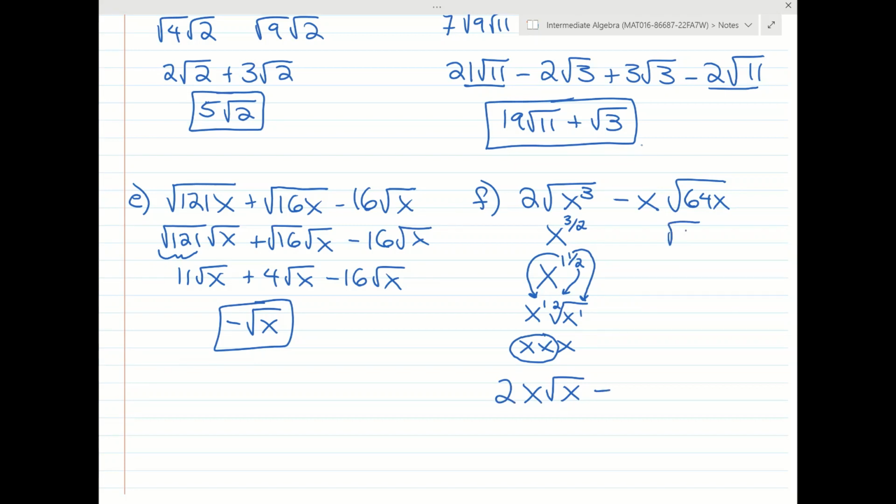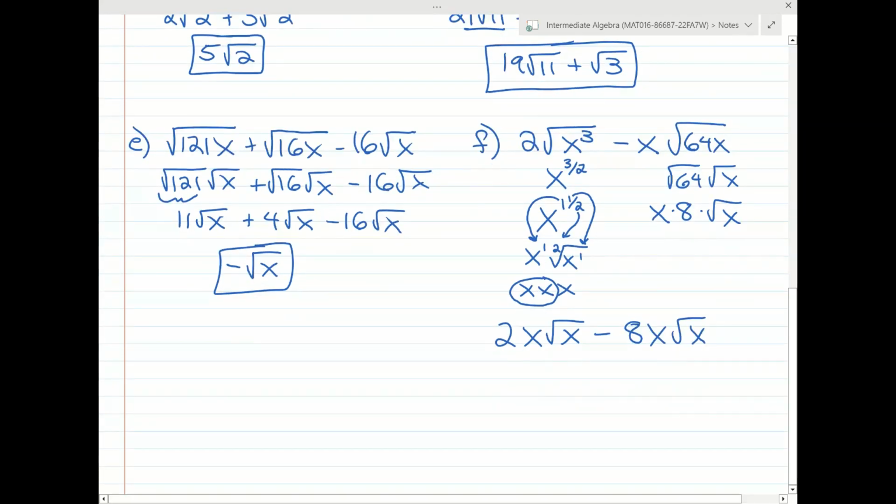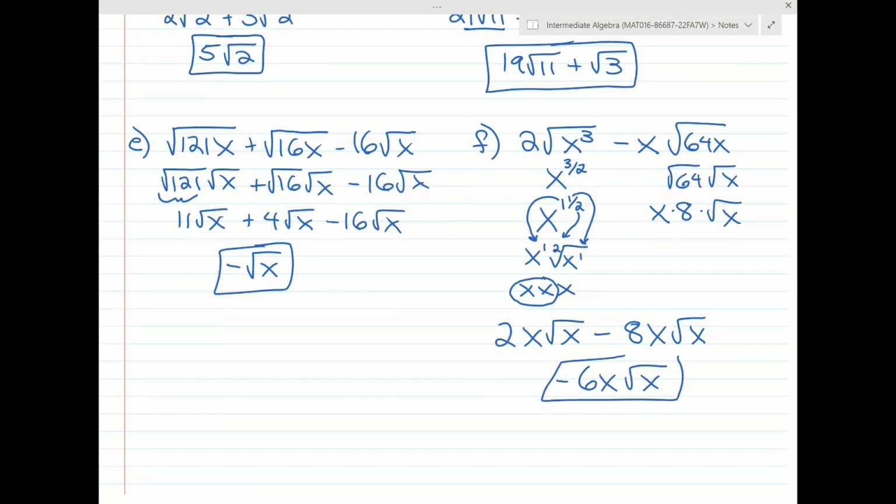The square root of 64 times the square root of x. Square root of 64 is just 8. So 8 times x times the square root of x is just 8x root x. So 2x root x minus 8x root x is minus 6x root x. Just give me a second to get caught up.